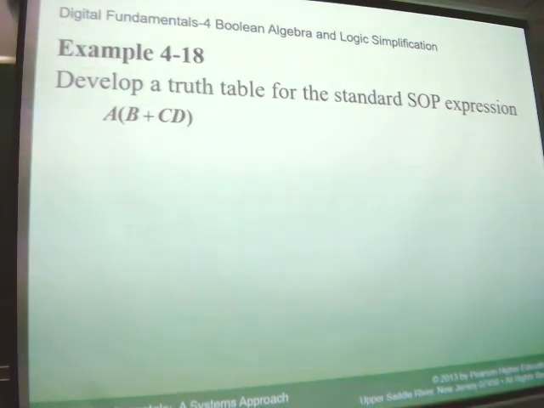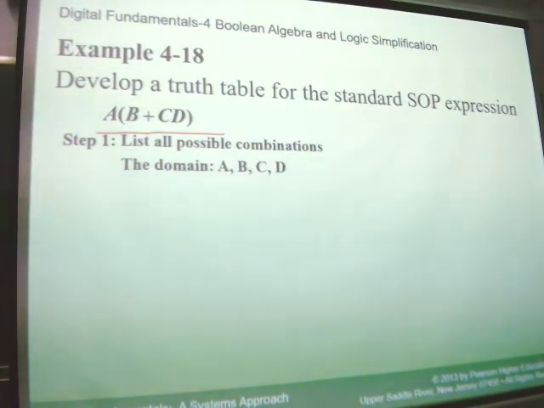This expression is a general expression, so we must convert it to a standard SOP form. First, the first step lists all possible combinations.